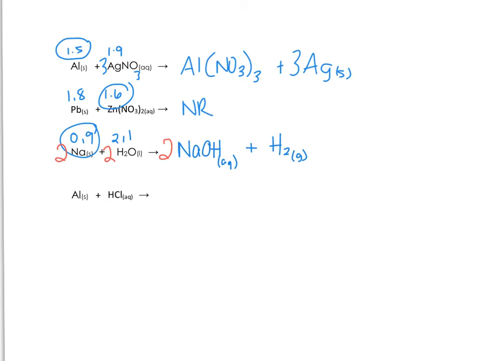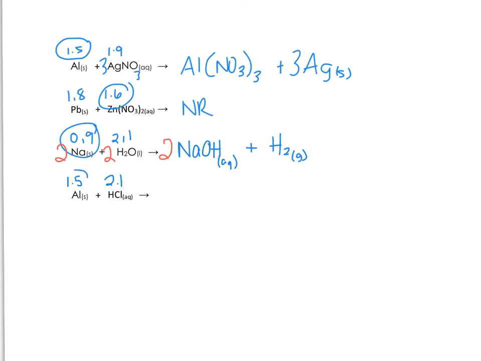All right, aluminum plus hydrochloric acid. Aluminum has an electronegativity value of 1.5, and hydrochloric acid is 2.1.